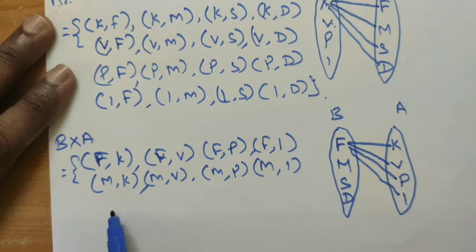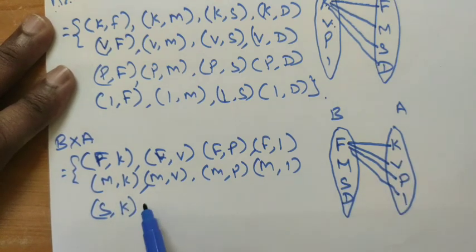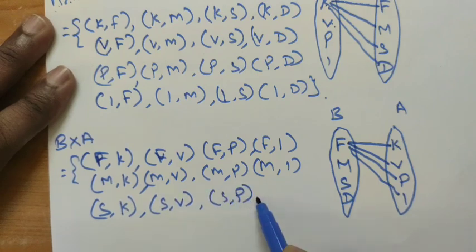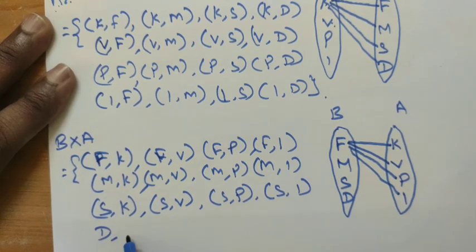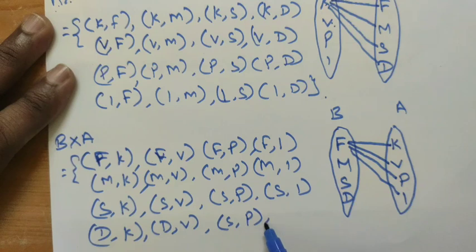Last, that is the son. Son took the plate and went and took the kesari, and then vada, and son took the Pongal also, and then Idli. And then lastly, daughter went to take the kesari, vada, and then Pongal, and then Idli. Sorry, D.